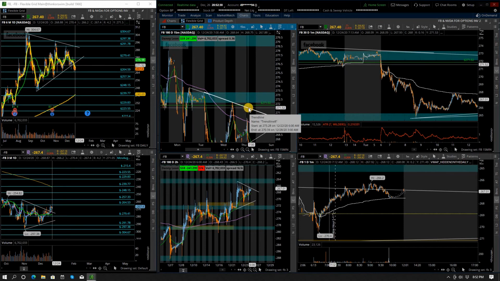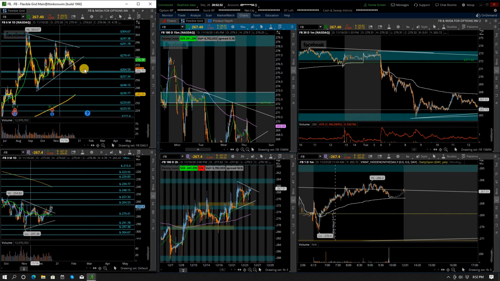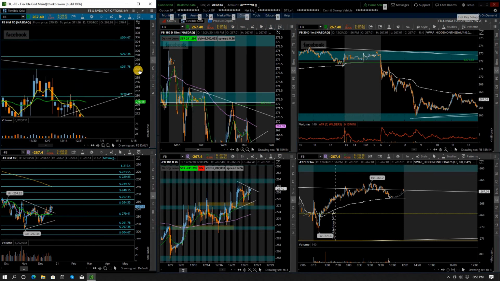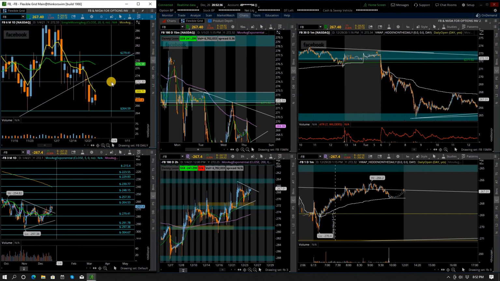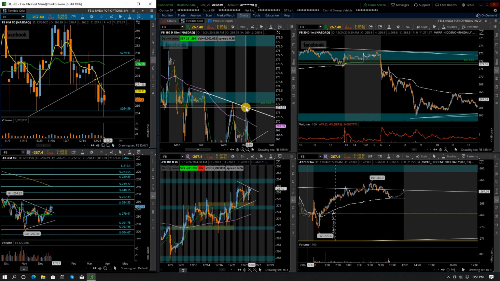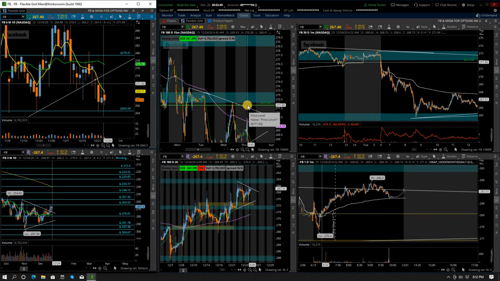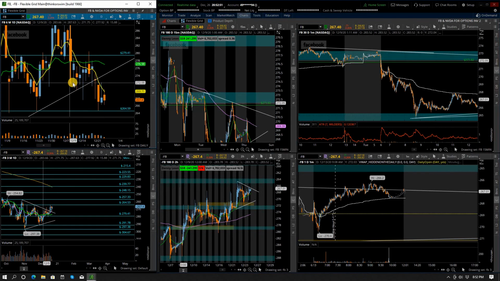I want to have a level here or higher. Look at this, see how the cursor is here. So I want price to be here or higher. As it pushes up, see these two candles here, they're right there.